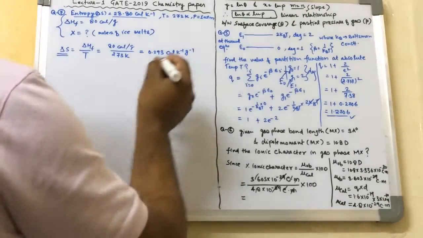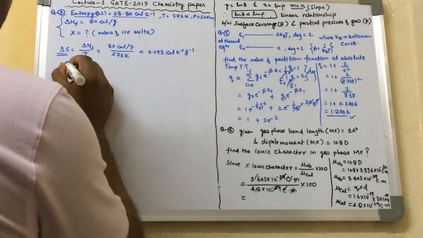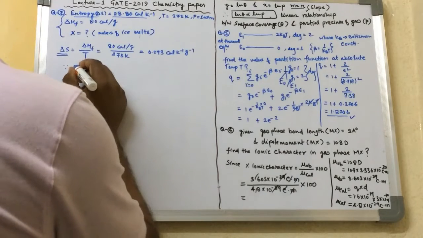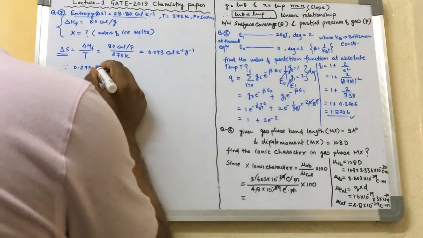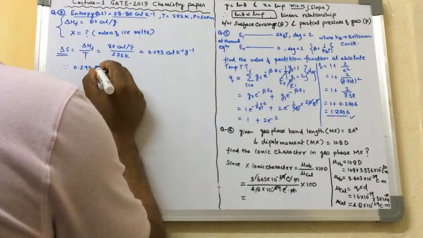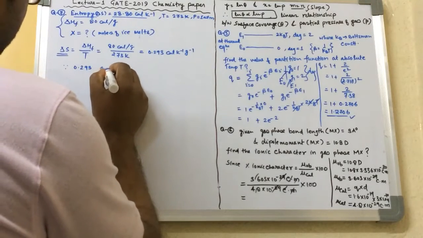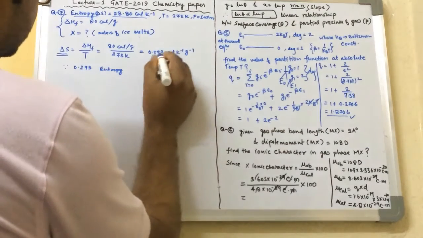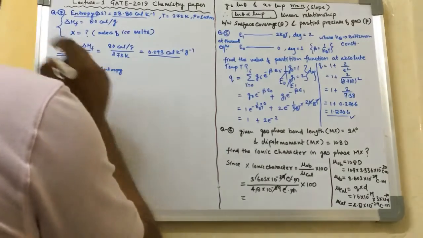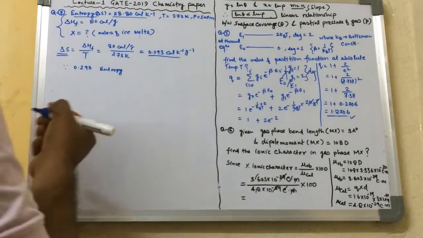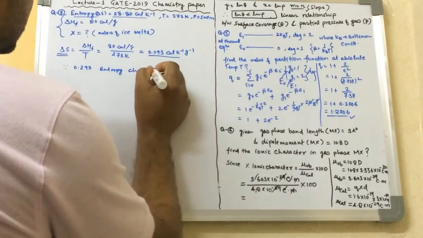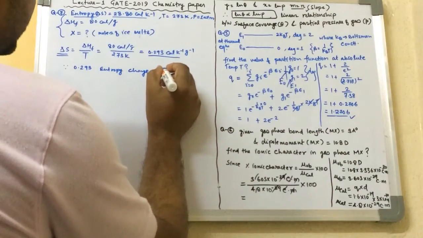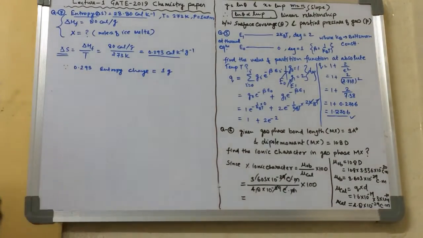For 0.293 entropy change, 1 gram of ice melts.